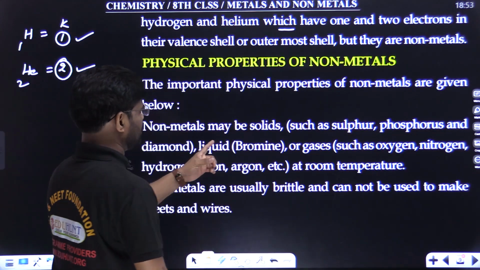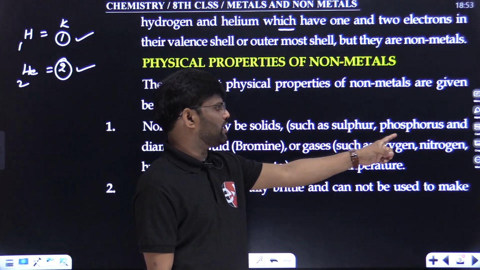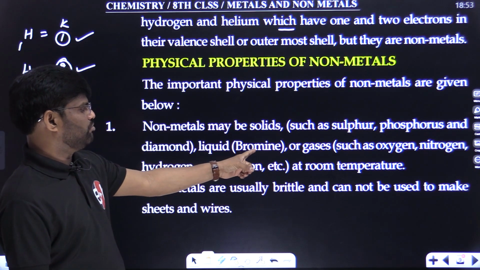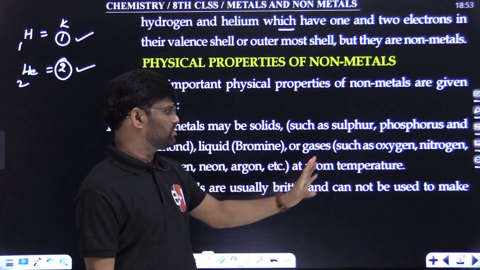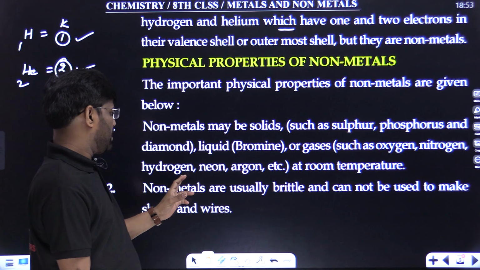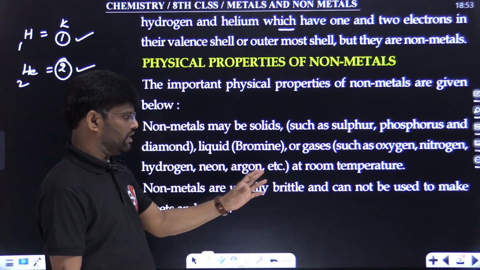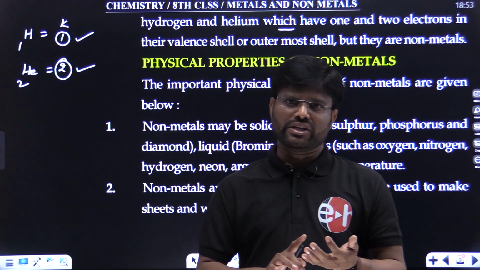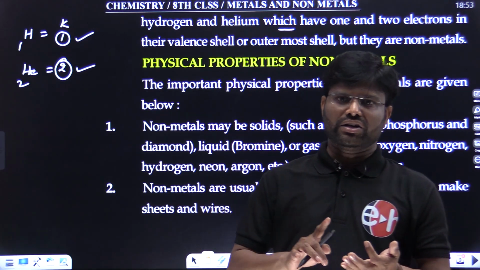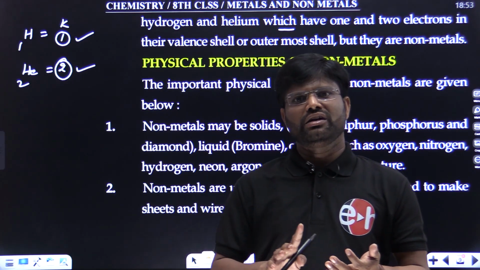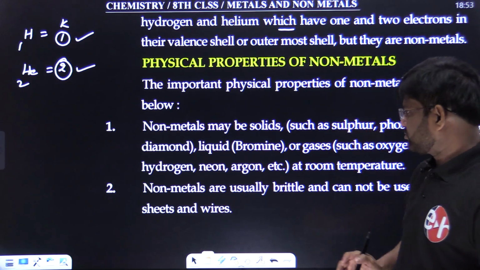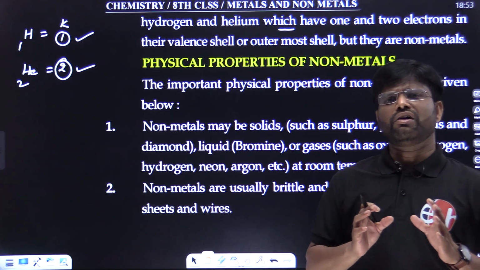Non-metals may be solids, like sulfur, phosphorus, diamond; liquids, like bromine; or gases, like oxygen, nitrogen, hydrogen, neon, argon at room temperature. Most of the elements are in the gaseous state, some are solid, some are liquid. That is the first point.